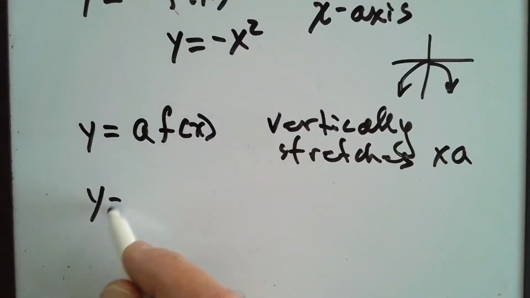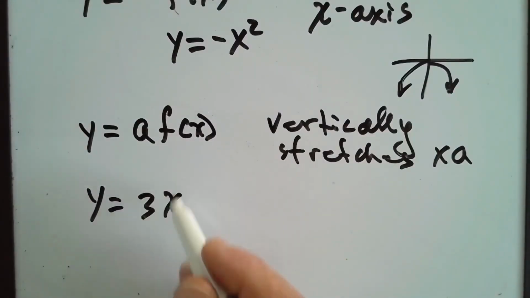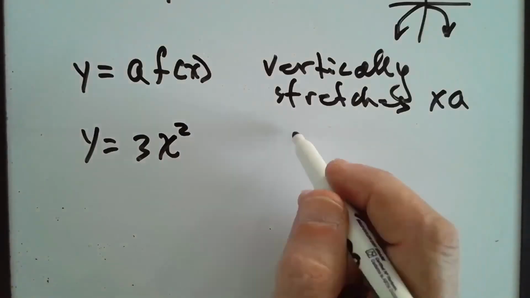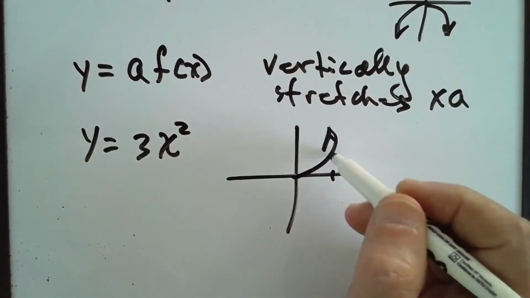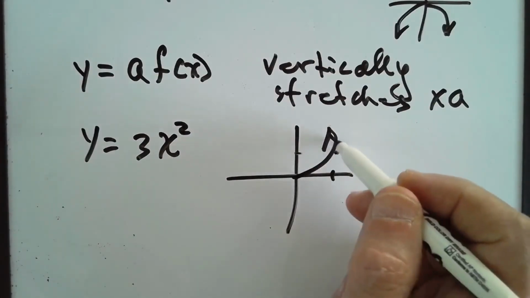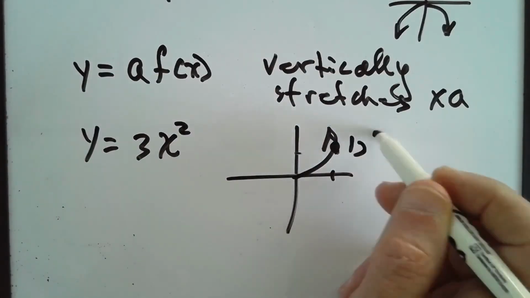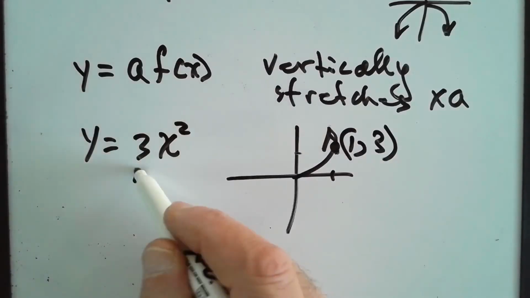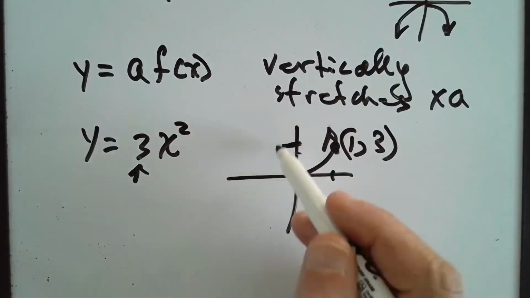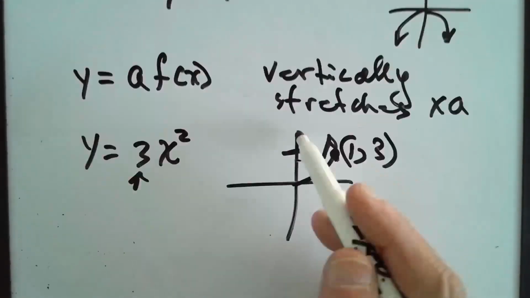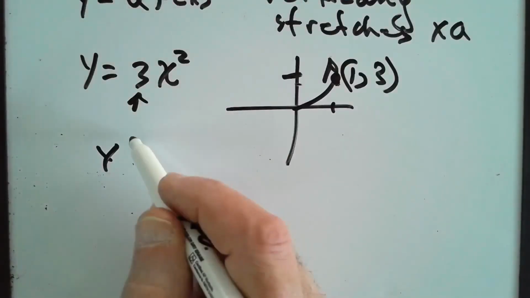So in other words, if we have y equals 3x squared, right? Instead of coming up 1, 1, now it's at 1, 3 in this case, because whatever this number is, it's going to multiply, right?